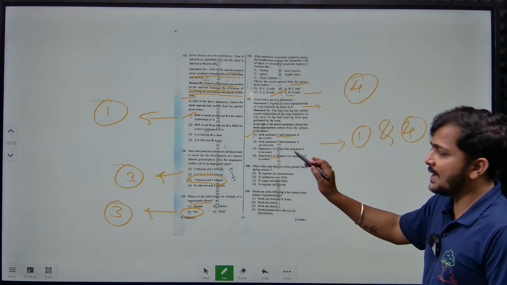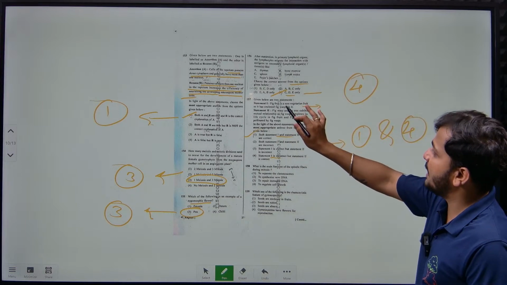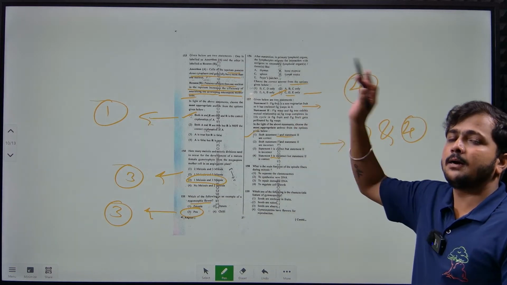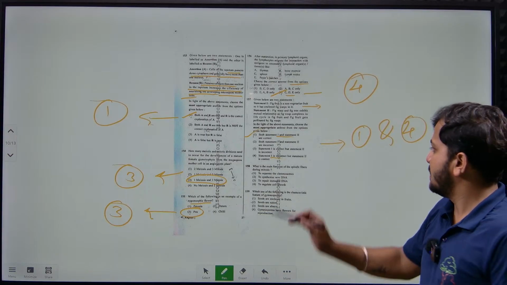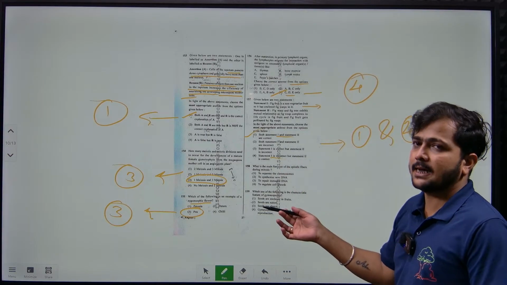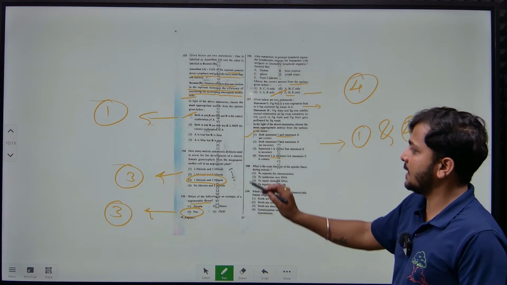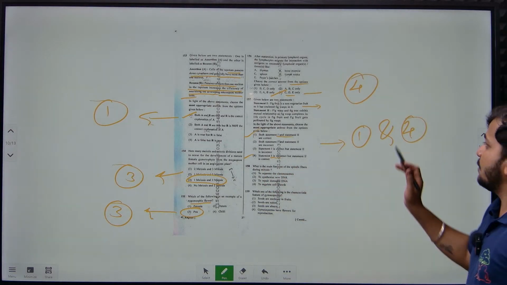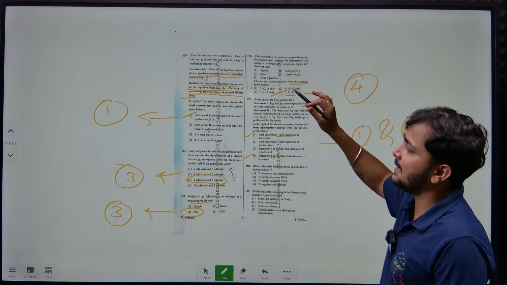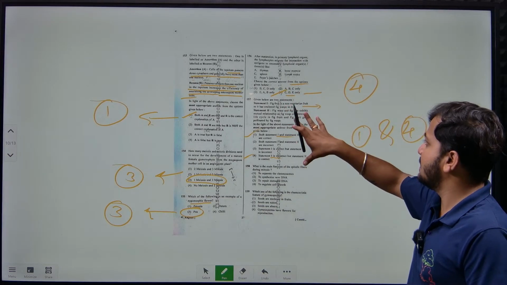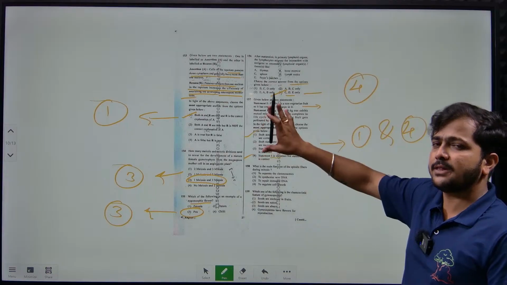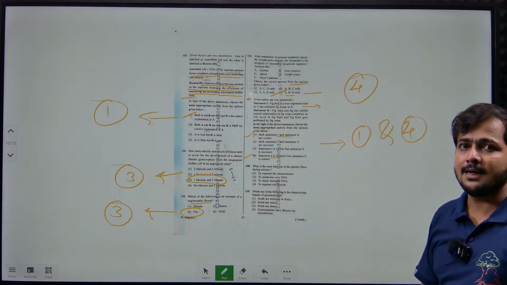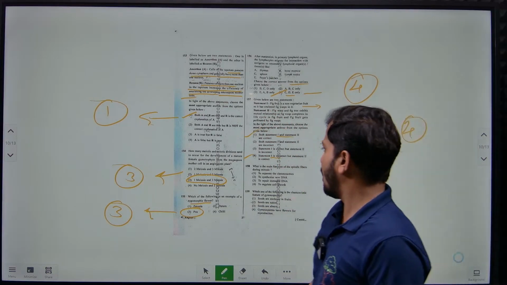Statement 1 is incorrect because it is not non-vegetarian, and some of them are vegetarian. So statement 1 is incorrect and statement 2 is correct. We can say option 1 and option 4 are correct. Why? Because there is still a controversy going on with respect to the fig fruit, whether it is vegetarian or non-vegetarian.